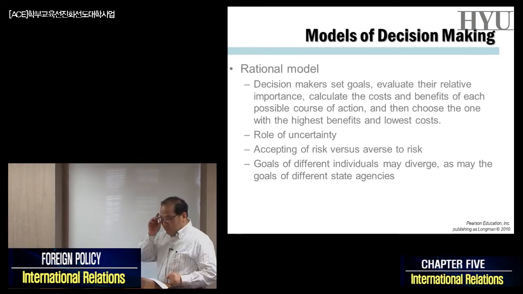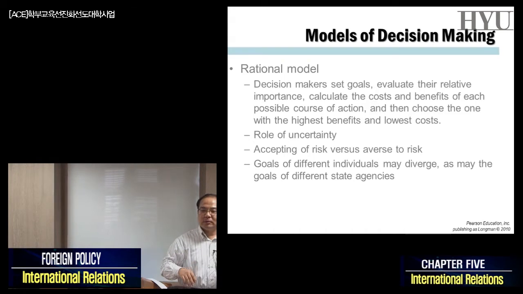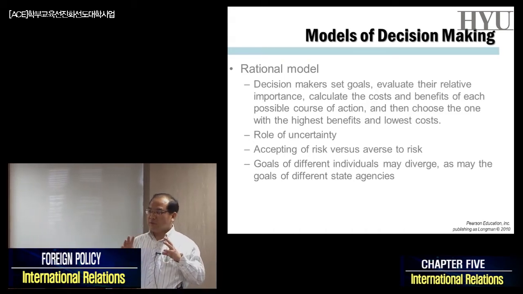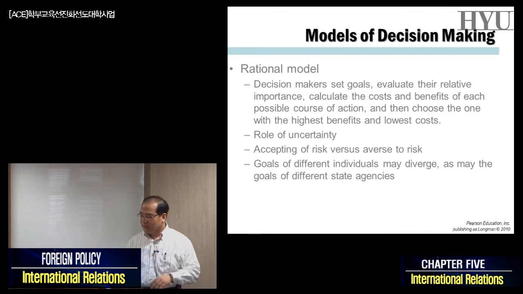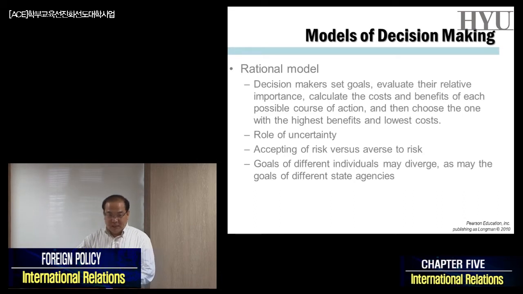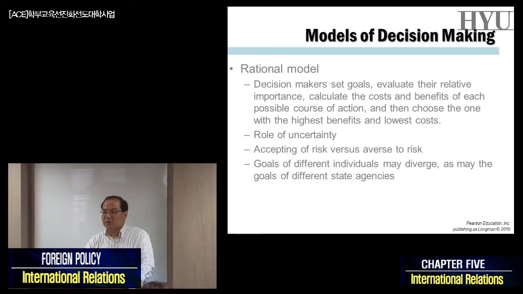Now, one of the irrational models is the kind of theory that considers values and beliefs. Individual values and beliefs affect the kind of decision you arrive at, which is quite a natural argument.